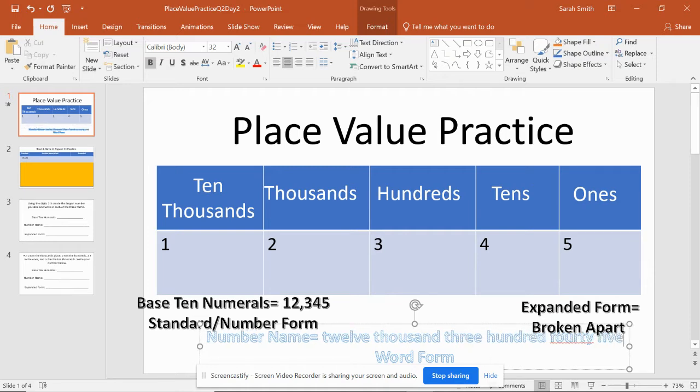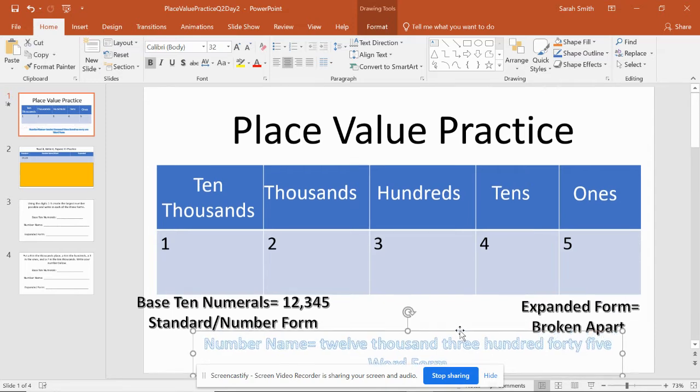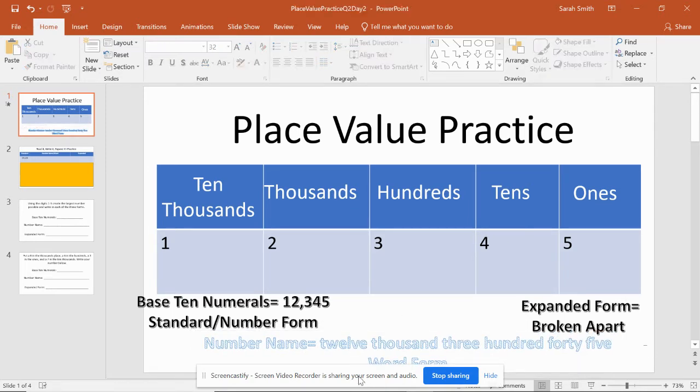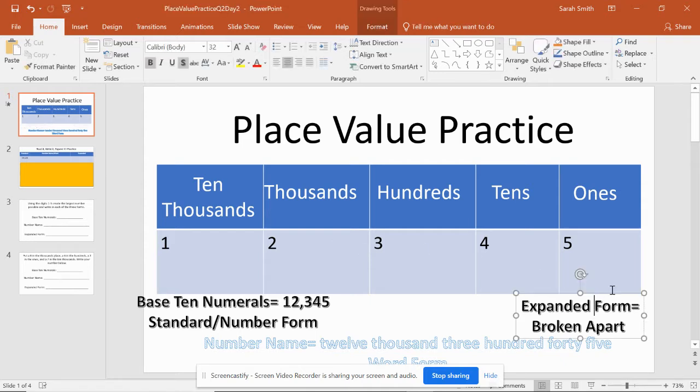Now I want to point out I spelled 40 wrong. That's okay. I do that all the time with the number 40 for some reason. What I wanted to point out though is I did not say and. I didn't say 12,000 and 345. I know that's a natural way to say that, but that is not how we want to say that because and is when we're working with decimals. We're not working with a decimal here, so we're not going to say and.